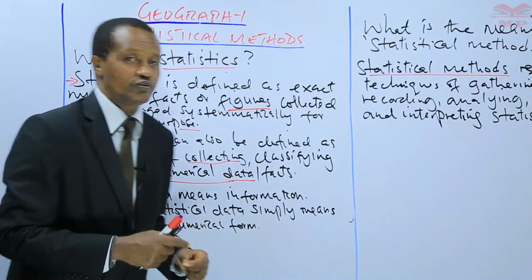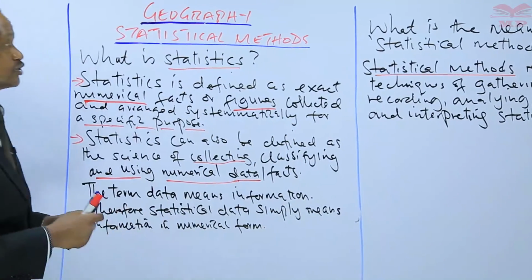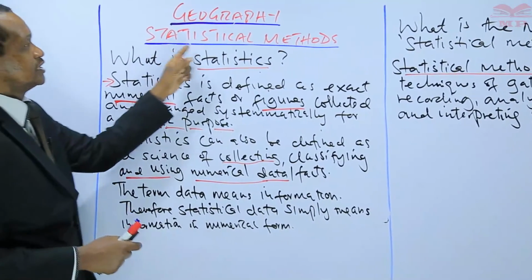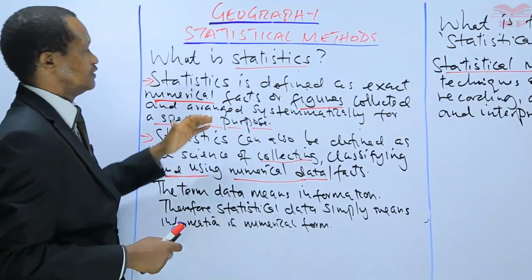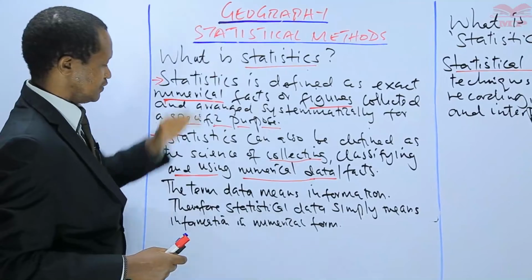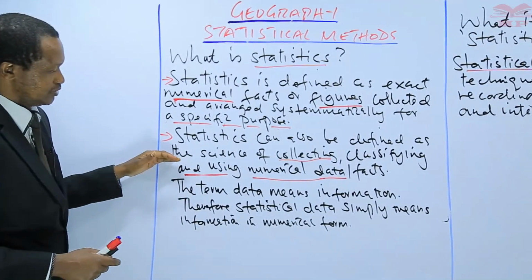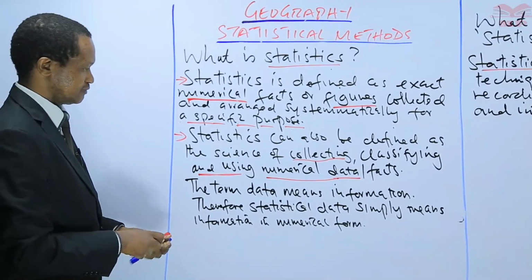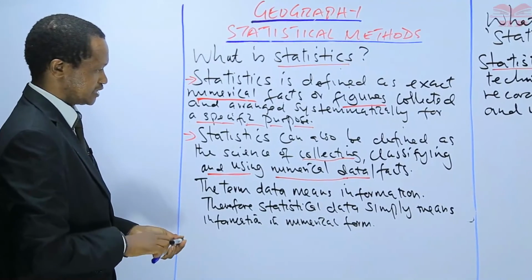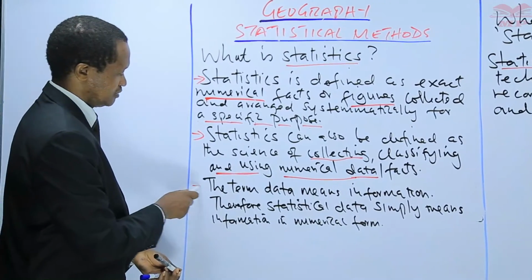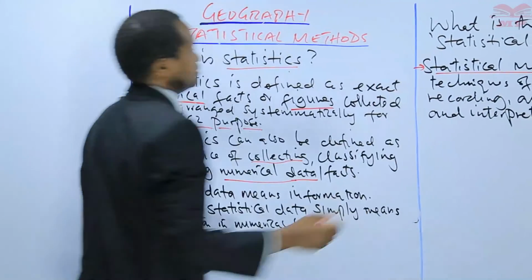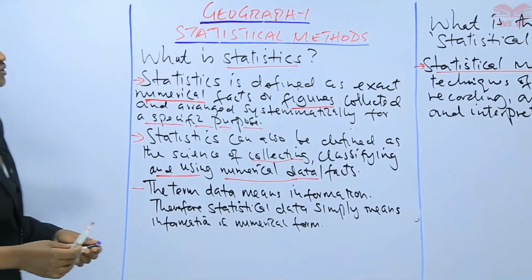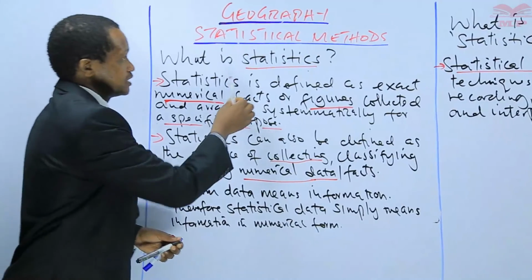That will mark the end of our today's lesson, which was an introductory lesson to statistical methods under the subject geography. We have defined statistics, we have defined data, we've defined statistical methods. We've answered the question, what is statistics?